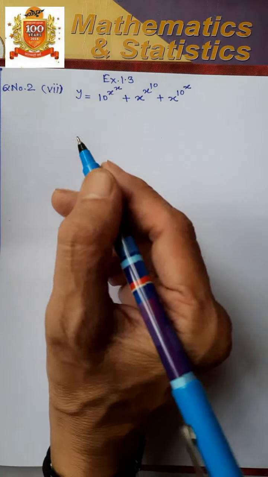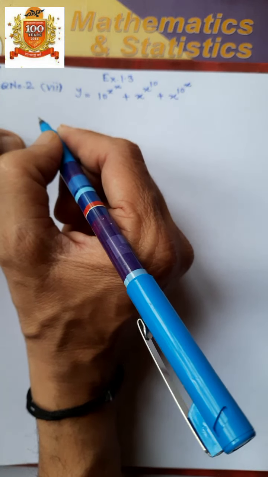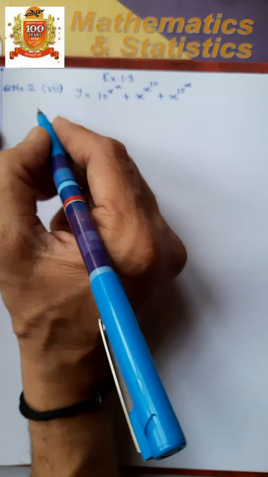This is the sum. Now we want to find dy by dx here.